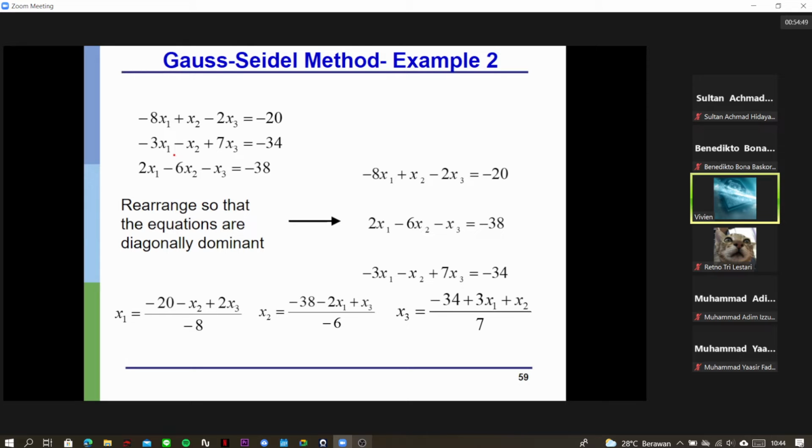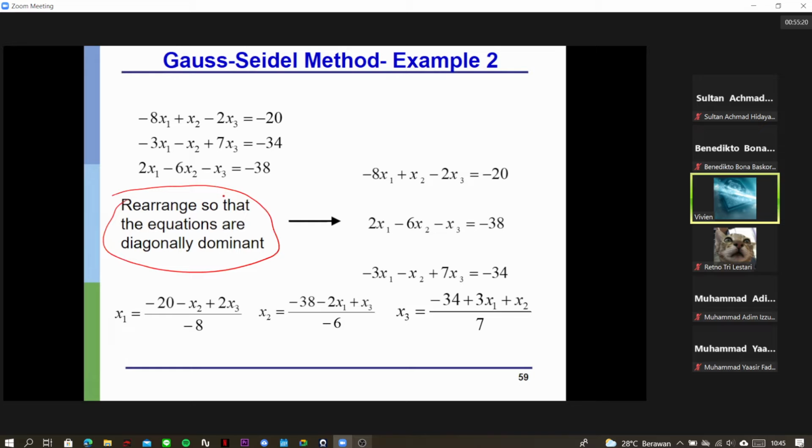Now, as a general rule, if we have a set of linear algebraic equations and we want the calculation to be faster and to reduce round-off error, such as in Gaussian elimination or LU decomposition, we need to rearrange the equations so that they become diagonally dominant.